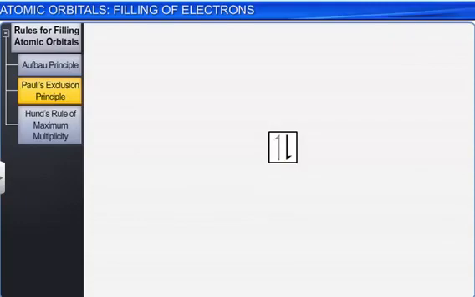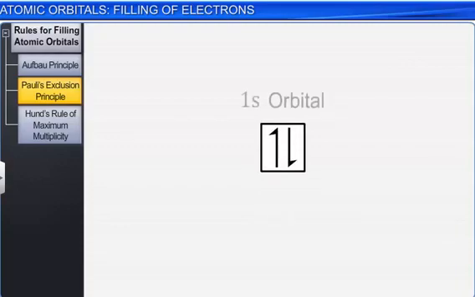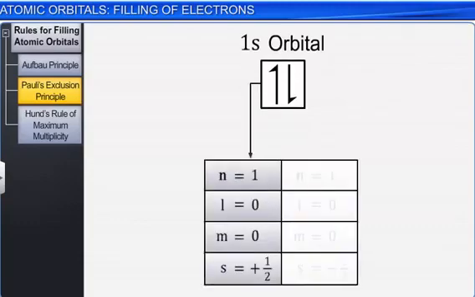Let us write the values of 4 set of quantum numbers for 2 electrons in 1s orbital as shown here. The values of n, l, m and s for the first electron are 1, 0, 0 and plus half.